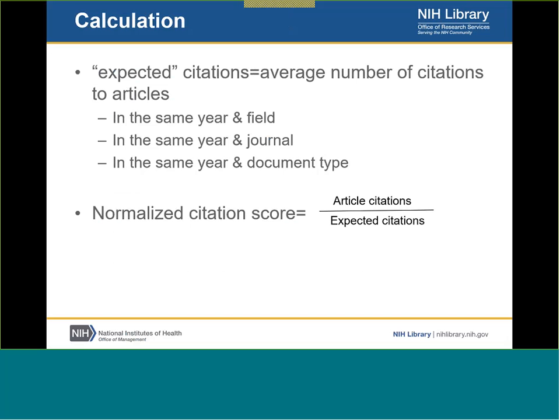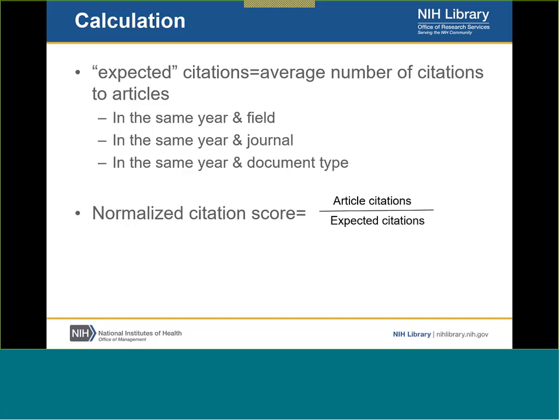Okay, so it is the average number of citations to articles in a specific year and field, or in a specific year and journal, or in a specific year and document type. Note that we're focusing on a specific year and field because we would like to compare things that are very similar, that have the same condition.